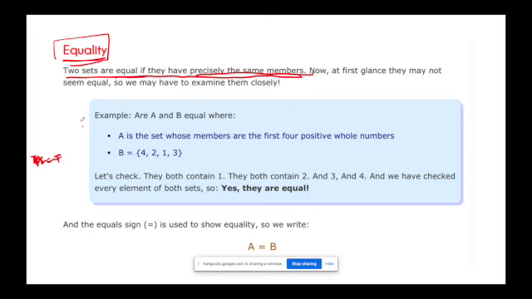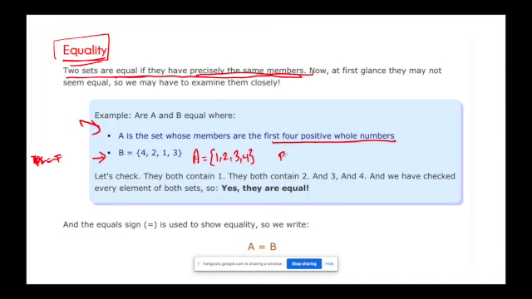So we see here this example. The set A is the set whose members are the first four positive whole numbers. And then the set B is the set 4, 2, 1, 3. So we see that yes, they are equal. If we look at it, the set A is 1, 2, 3, 4.